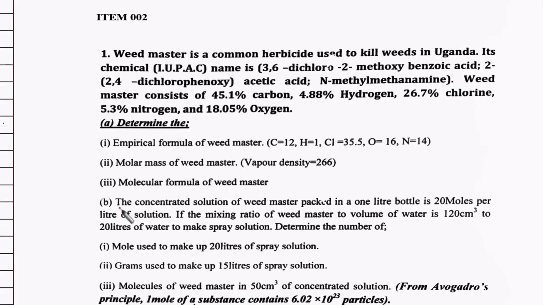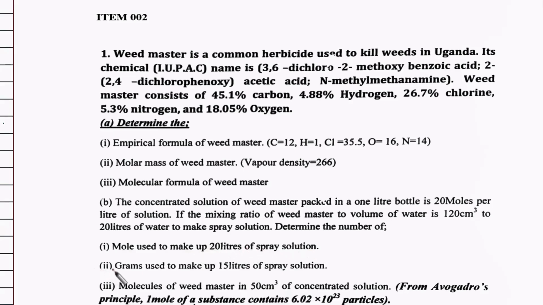Then part B reads: the concentrated solution of Weedmaster packed in a 1 liter bottle is 20 moles per liter of solution. If the mixing ratio of Weedmaster to volume of water is 120 cubic centimeters to 20 liters of water to make spray solution, determine the number of, Roman number 1 of part B, moles used to make up 20 liters of spray solution.